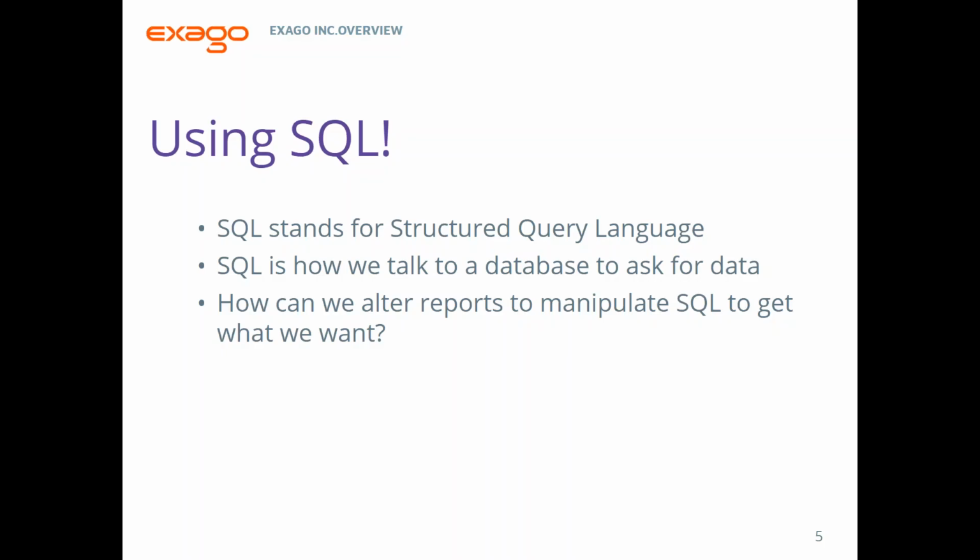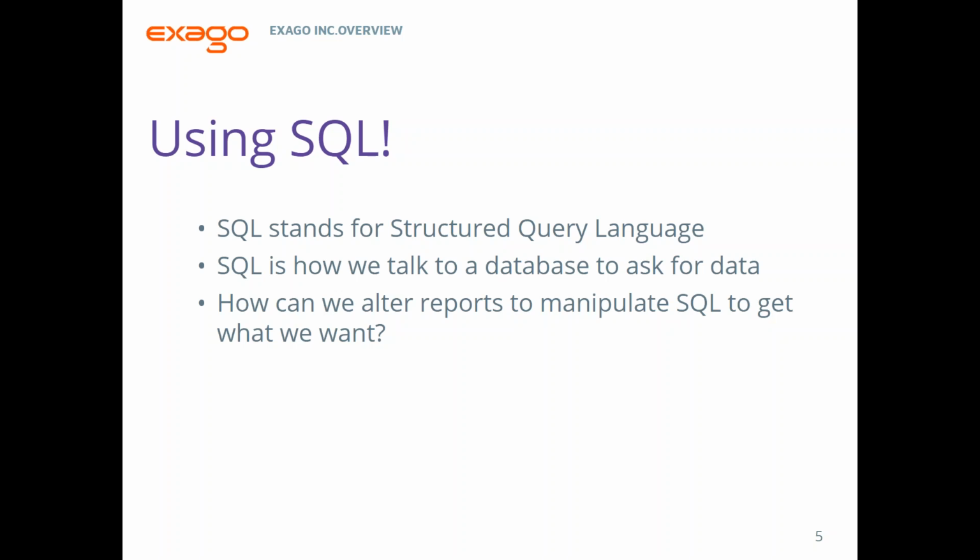Now, how do these reports actually retrieve that data? Well, they use SQL. So what exactly is SQL? SQL stands for Structured Query Language, and it's effectively how we talk or communicate to a database to ask for data. The different pieces of what's called a SQL statement will dictate what elements of data are brought back from the data source and the format that data is brought back in.